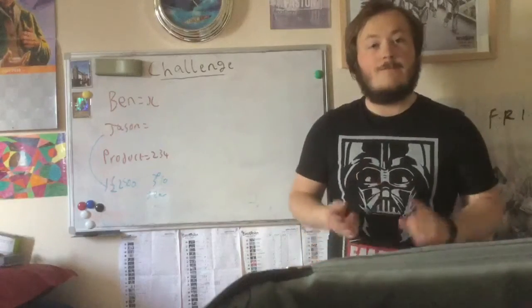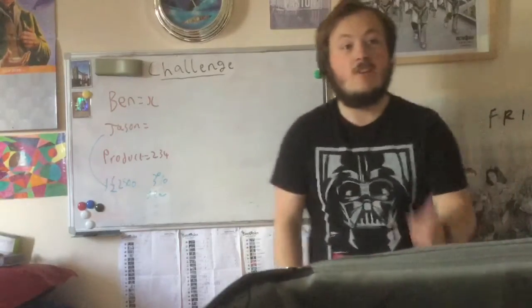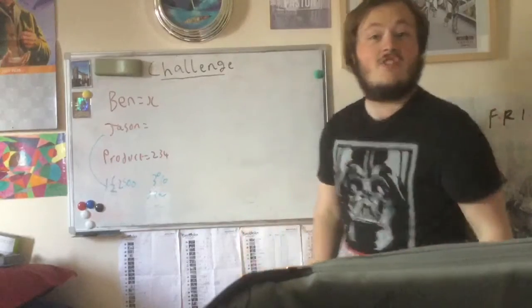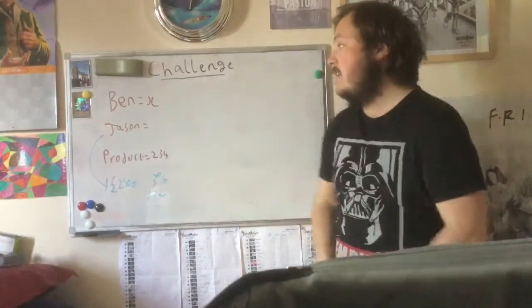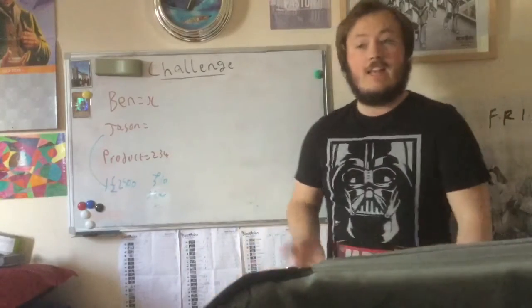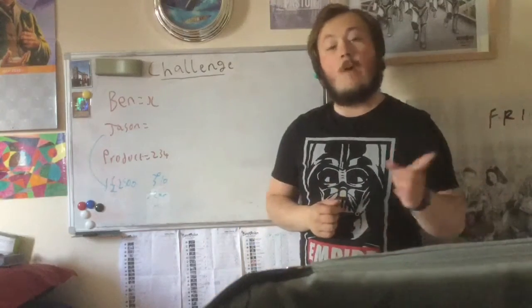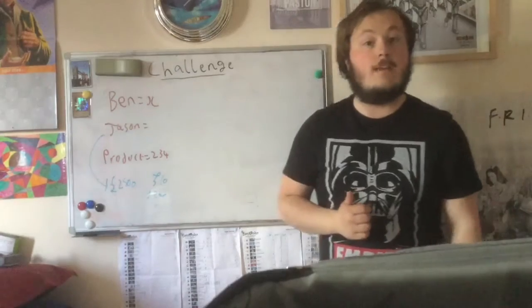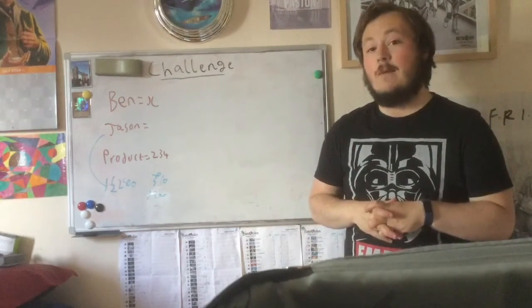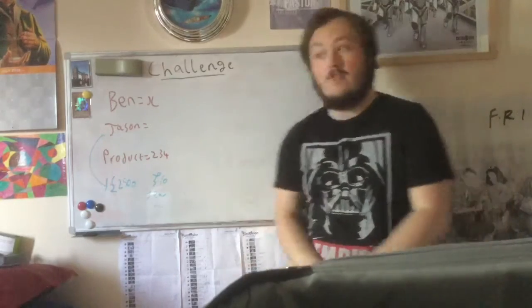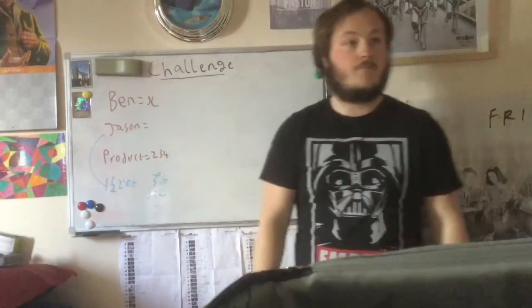Let's focus on the final challenge, which I consider to be the hardest challenge out of all of them. So I have two friends, Ben and Jason. Ben is x years old and Jason is 5 years older than Ben. If I multiply their ages together, you will get 234.